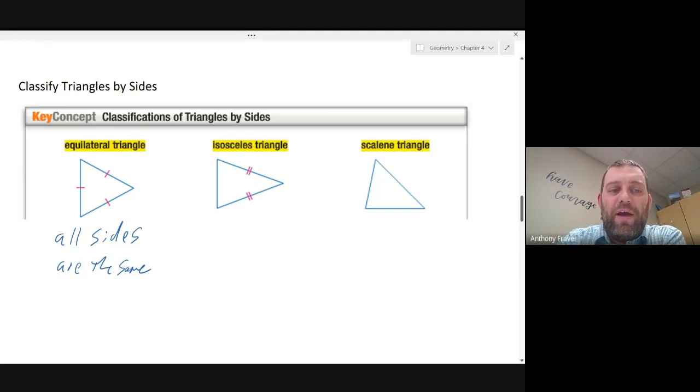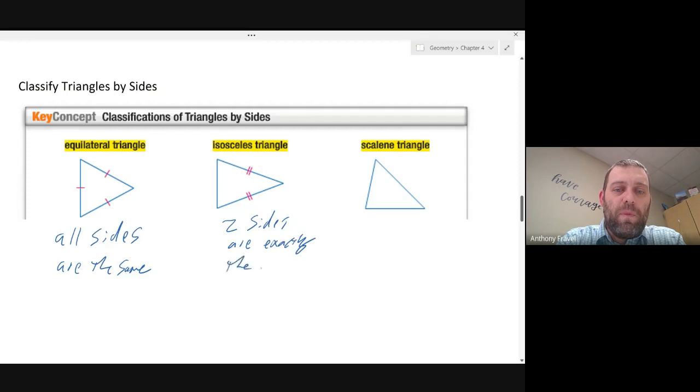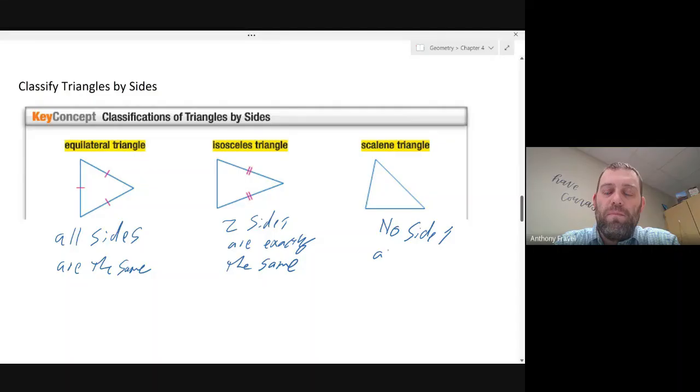An isosceles triangle means 2 sides are exactly the same. And the last one, the scalene triangle, means that no sides are the same. Okay, so that's my equilateral, isosceles, and the scalene triangle.